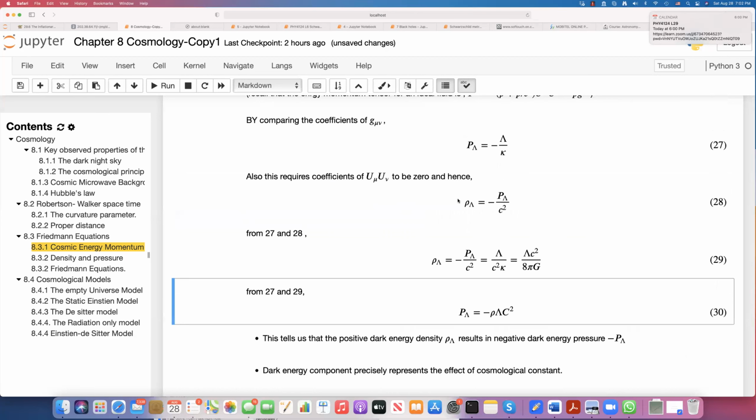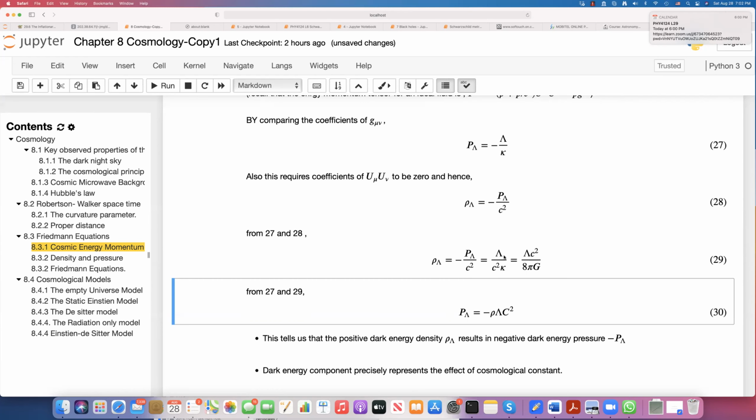Now if you look at these two expressions, 27 and 28, this will give you rho lambda equal to minus P lambda over C squared. And then this P lambda can be written as minus lambda over kappa from 27.